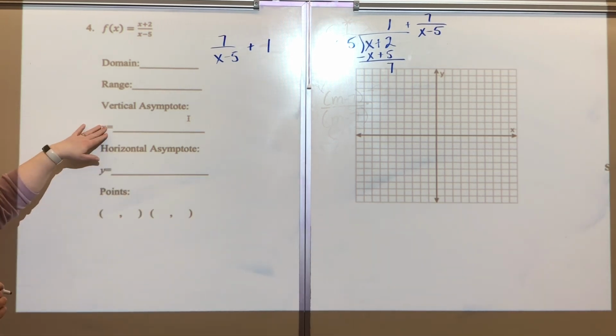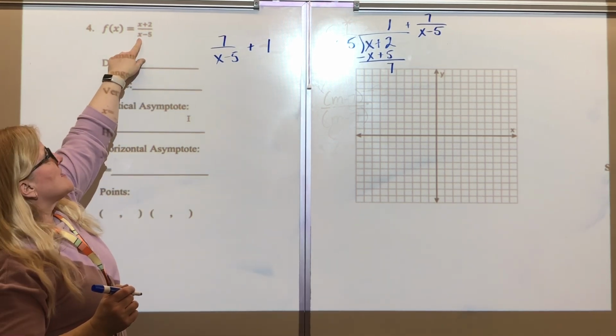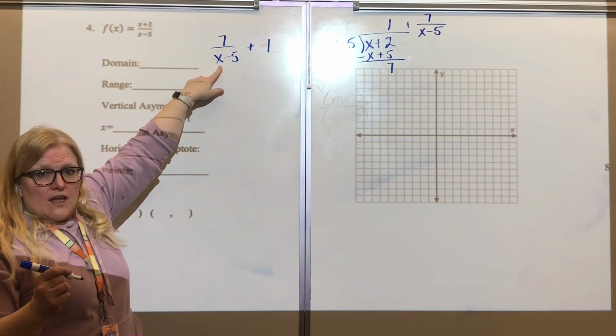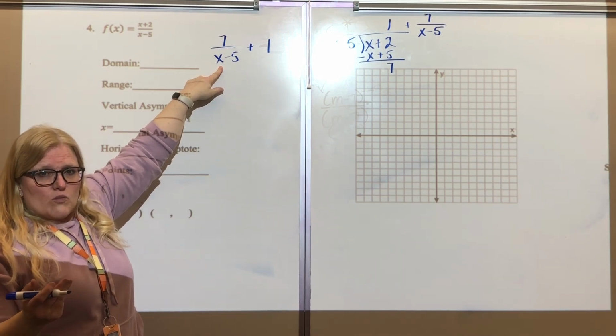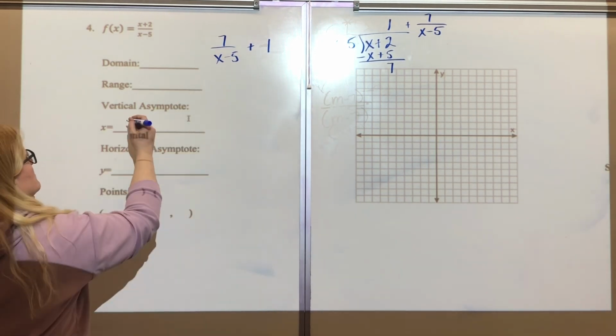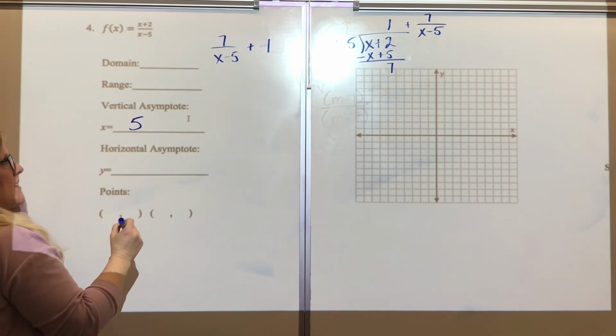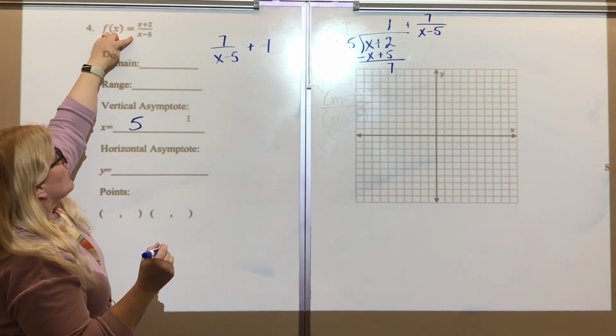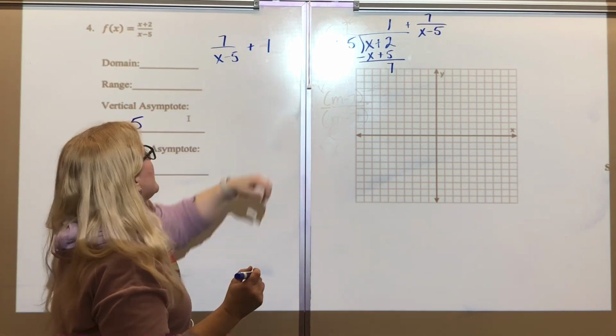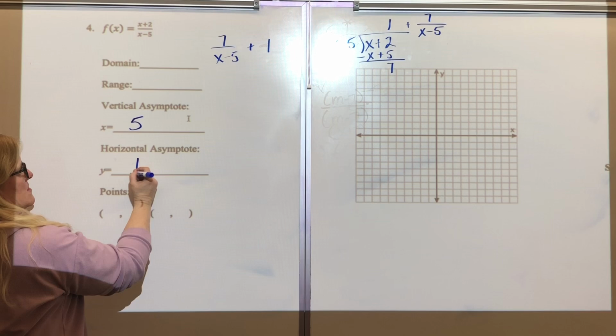All right, vertical asymptote. I can see it here and here, that 5 will make this 0. Okay, and 1 over 1 I see there, and 1 I see here. That's my horizontal asymptote.